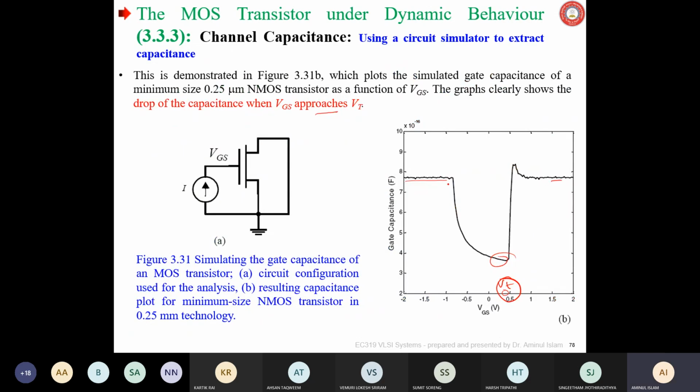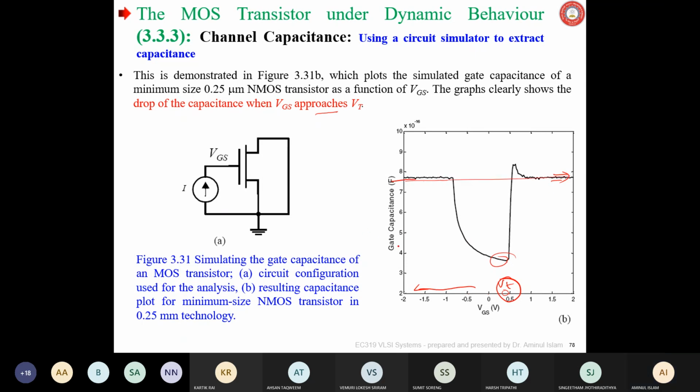So this side, negative VGS, means accumulation region. When VGS equals VT, it is minimum, and afterwards it becomes more or less the same value as in the accumulation region.